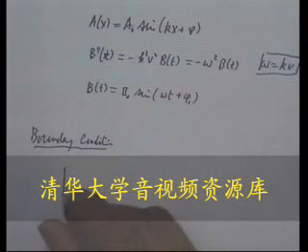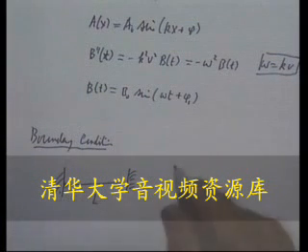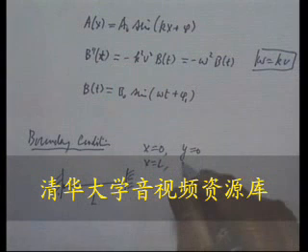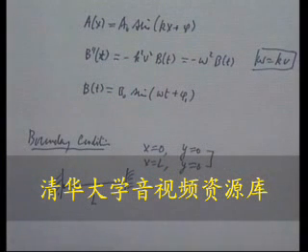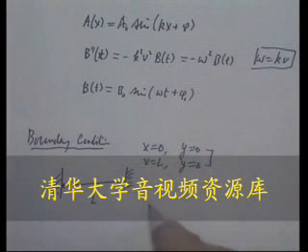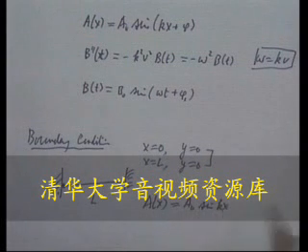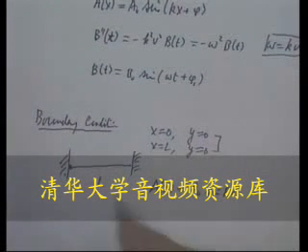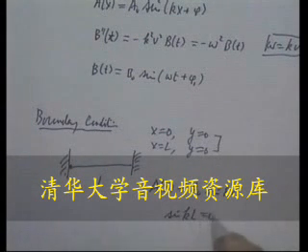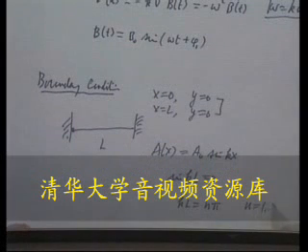For a string, at x equals 0 it is tied down, so y equals 0. At x equals L, y also equals 0. This is the boundary condition. Putting it in, phi must equal 0, so A of x equals A0 sine of kx, such that at x equals 0 it equals 0, and sine of kL equals 0, so kL equals n pi, n equals 1, 2, 3.